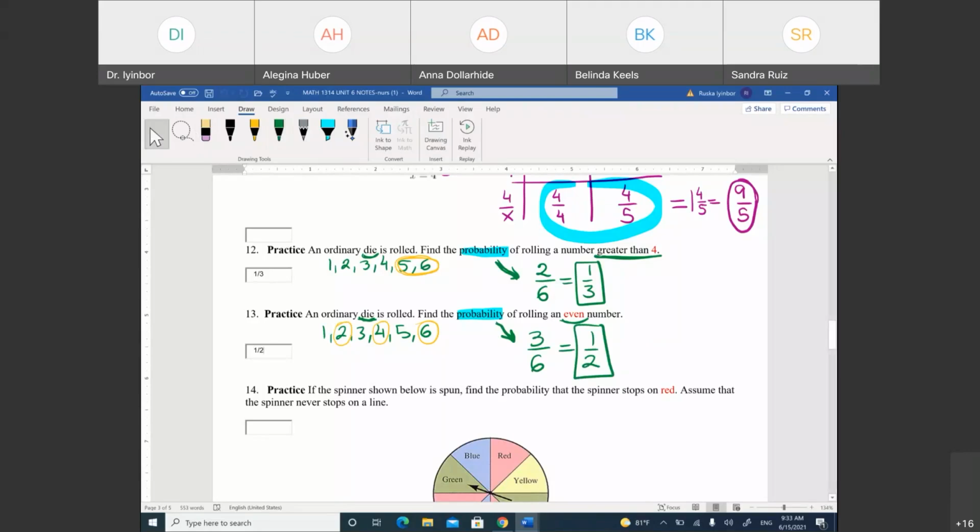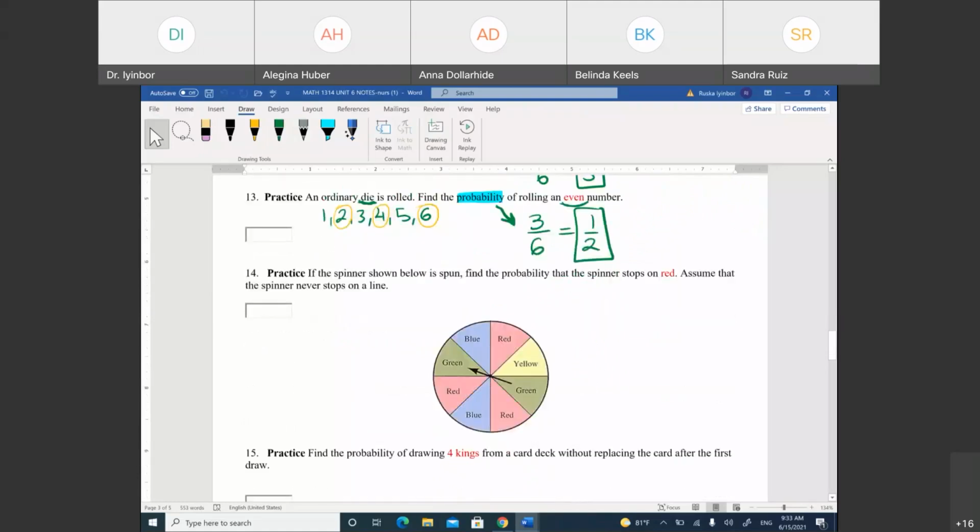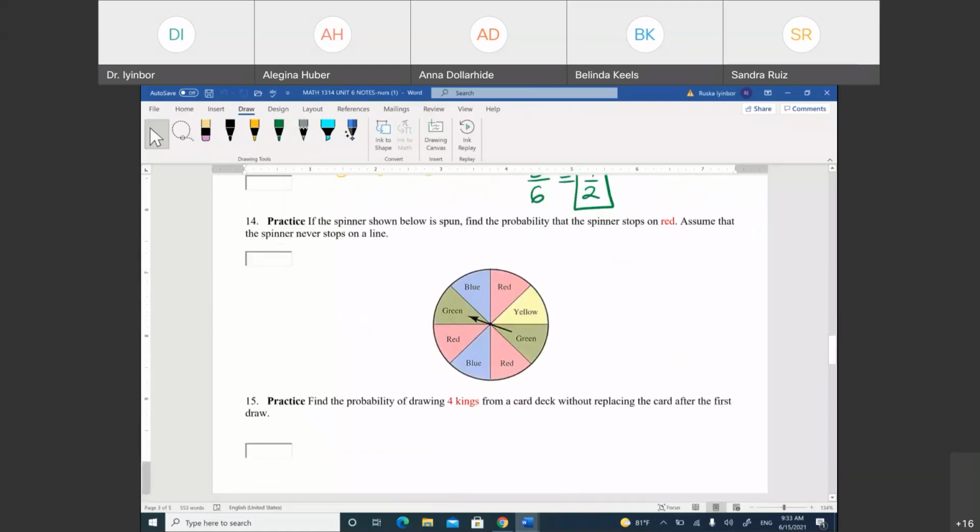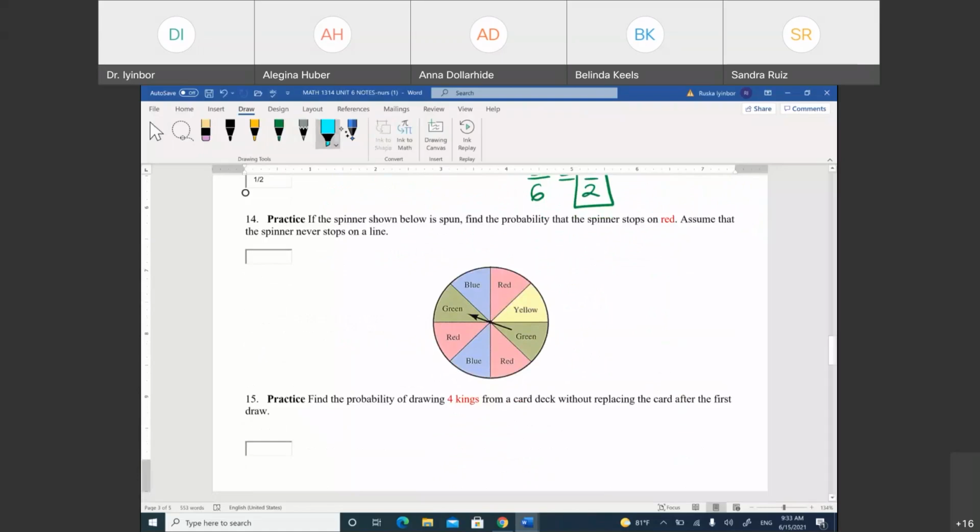Okay, and we have 2 more to go. The next 2 are also probability. For 14, you have this spinner. They're asking us to find the probability that the spinner stops on red. Assume it doesn't stop on white.